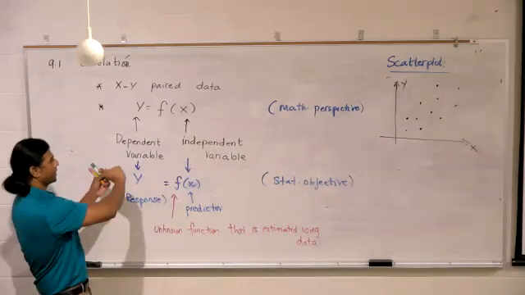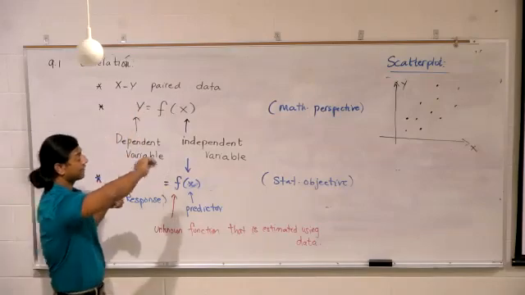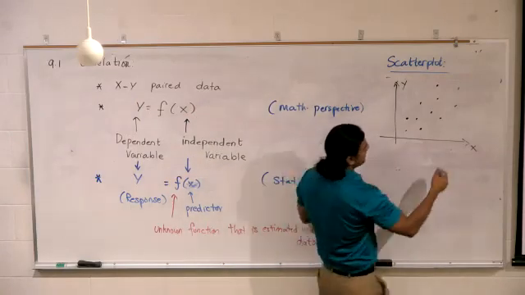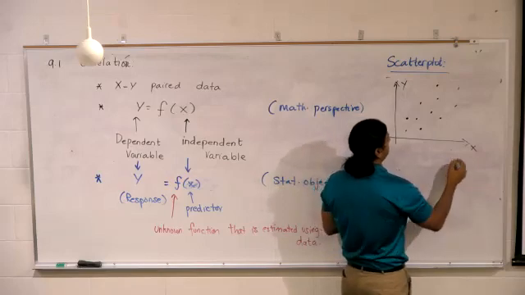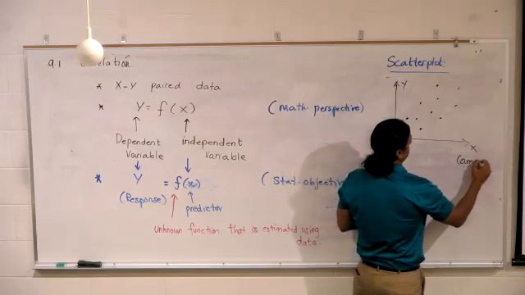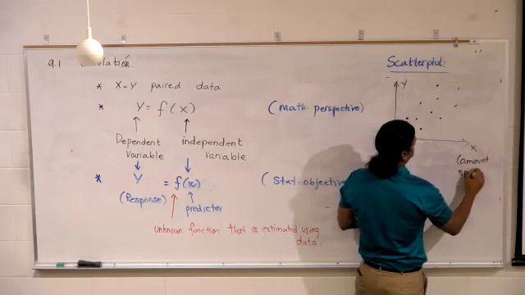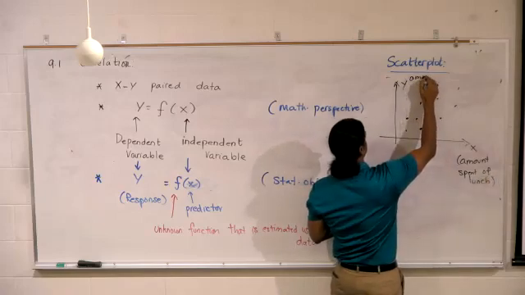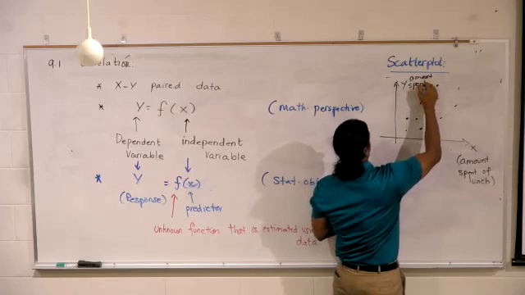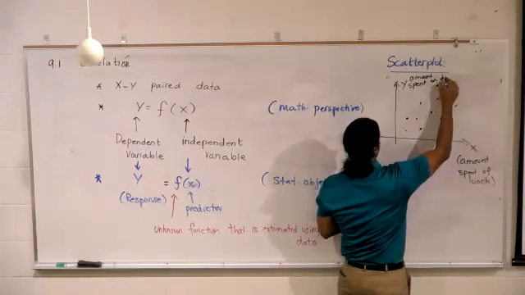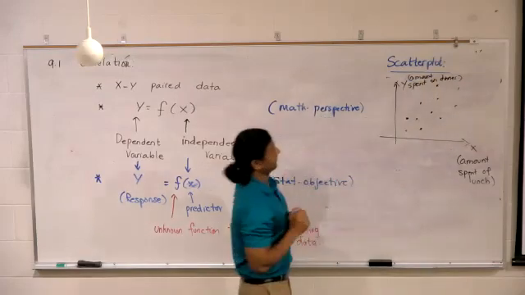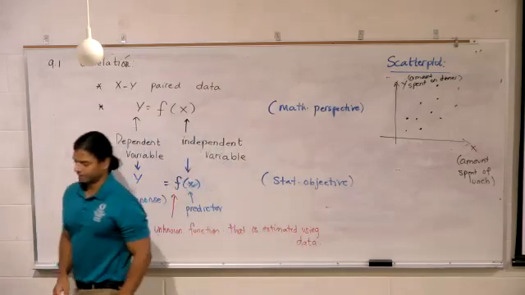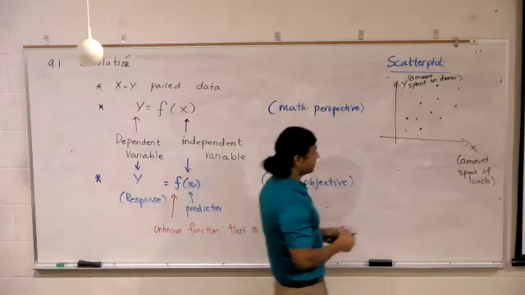Unlike mathematics, where you have a line, a set of points that lie on the line, these are random values. Let's say x is the amount spent on lunch and y is the amount spent on dinner.